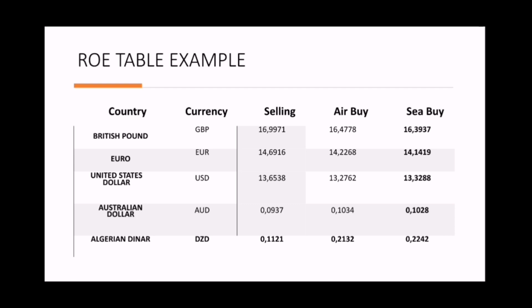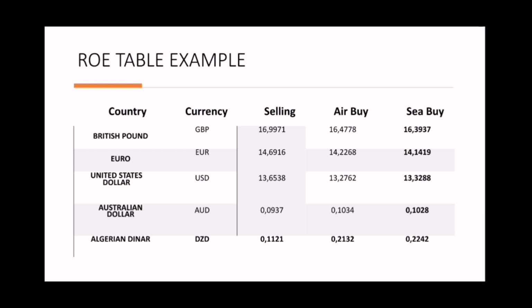Then you will have to see, okay, is the bank buying actual banknotes from this person, or is it a traveler's check, or what is it? And with selling, we already know the bank is going to use this selling rate for all transactions, whether it's selling you a traveler's check, or actual banknotes, or if it's going to telegraphically transfer, it doesn't matter.